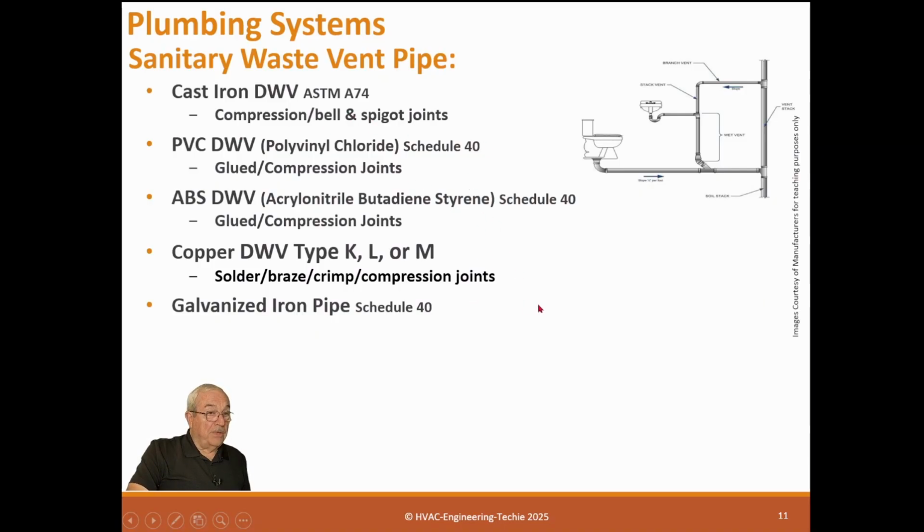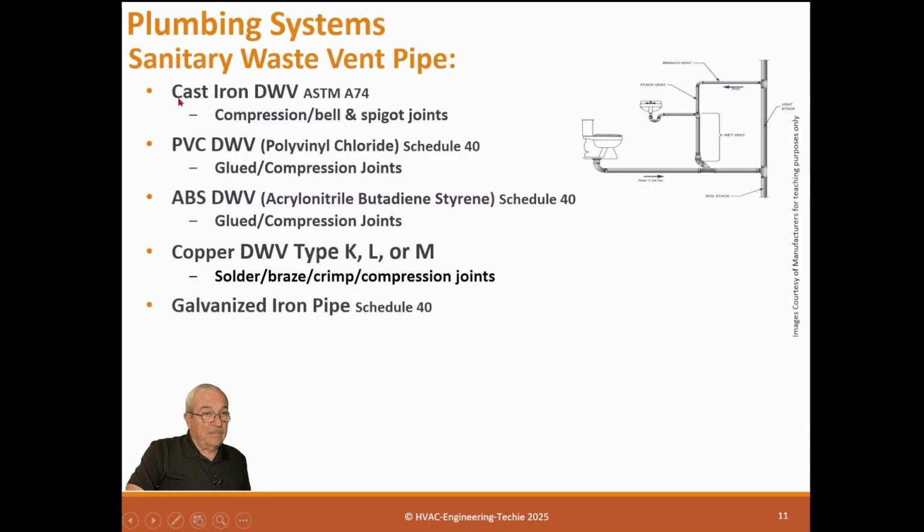Cast iron is still popular if you have a system that you want to last a long time. If you want a system that's going to last a long time, you would put in a coated cast iron, which has a coating on the inside of the pipe, because cast iron will be eaten away if you have acids in your water at all. So if you do that, you need a good manufactured pipe.